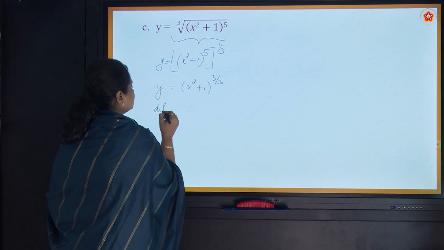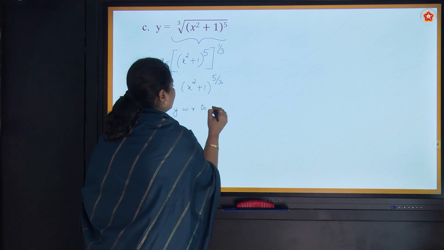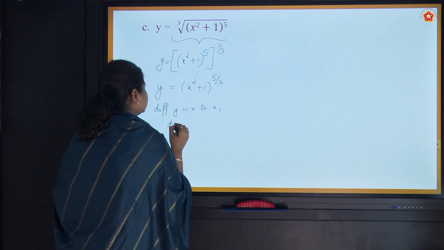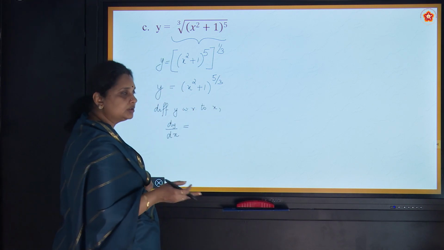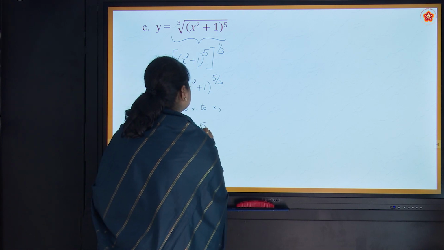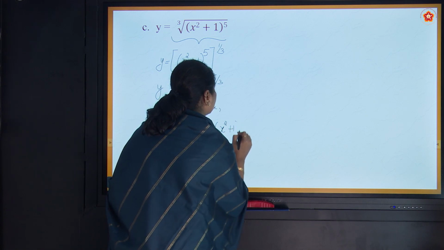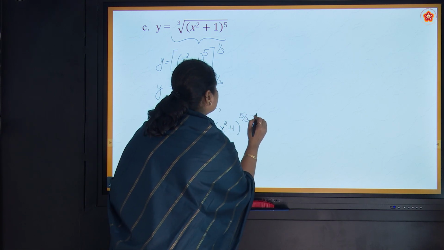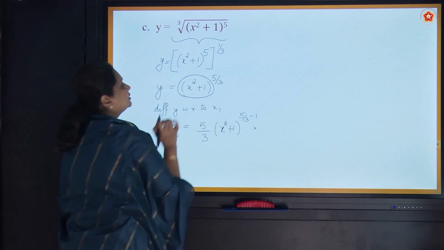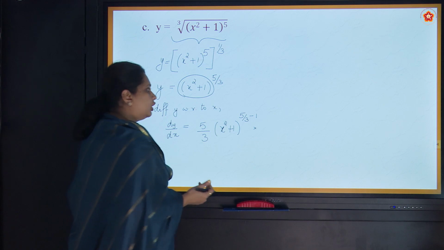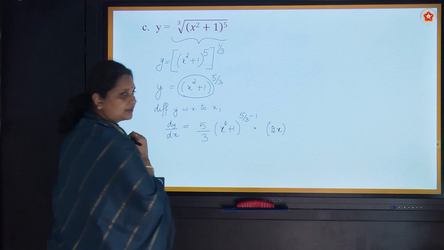So differentiating y with respect to x. What do I do? dy by dx will be equal to, so first the outermost function is a power function. Use the rule, bring the power down, (x squared plus 1), the whole raised to the power 5 by 3 minus 1 into, now next the inner function, that's nothing but the base, that's a polynomial. So let's differentiate that, you will get 2x.